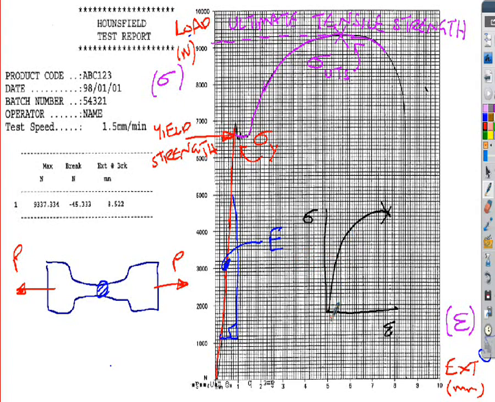A parallel line would hit the curve there, and that would be the 0.2% proof stress. Don't worry too much about that. It's not going to be an issue for you. I'm just saying sometimes the yield strength is called a proof strength, when you don't have a clearly defined yield point. It's a very similar idea, just for reference.